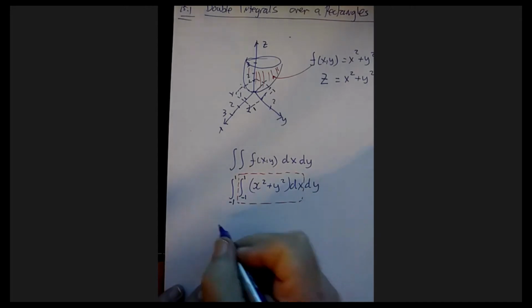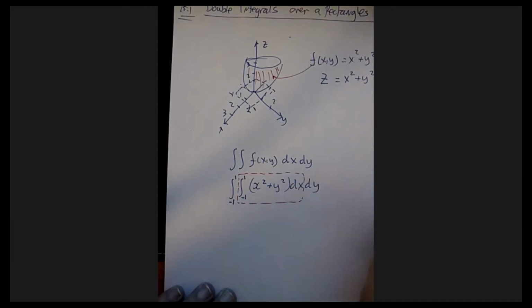So now we have to figure out, how do you do integration when there's more than one variable? We know how to differentiate when there's more than one variable, right? Partial derivatives. We know how to do that. What we don't know yet is how to integrate.